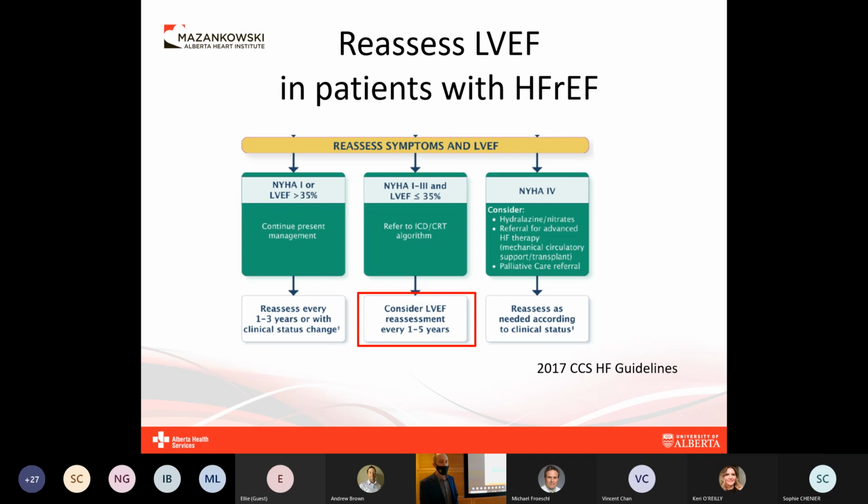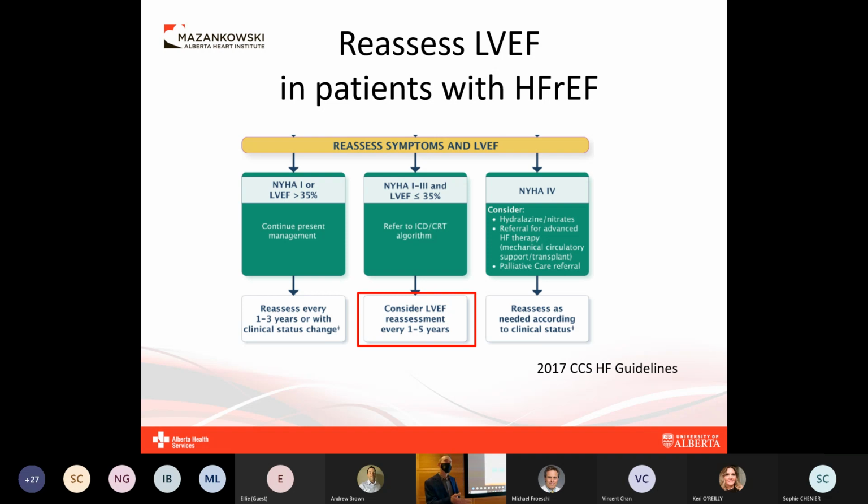And perhaps this is why you're doing it. In fact, in the same heart failure document, there's a figure that says you could consider doing LVEF reassessment every 1 to 5 years in stable heart failure patients with reduced ejection fraction. And part of the justification for doing it, in my mind, is there is echo data from Alberta, from a fellow named Finley McAllister, who I work with in the heart function clinic.